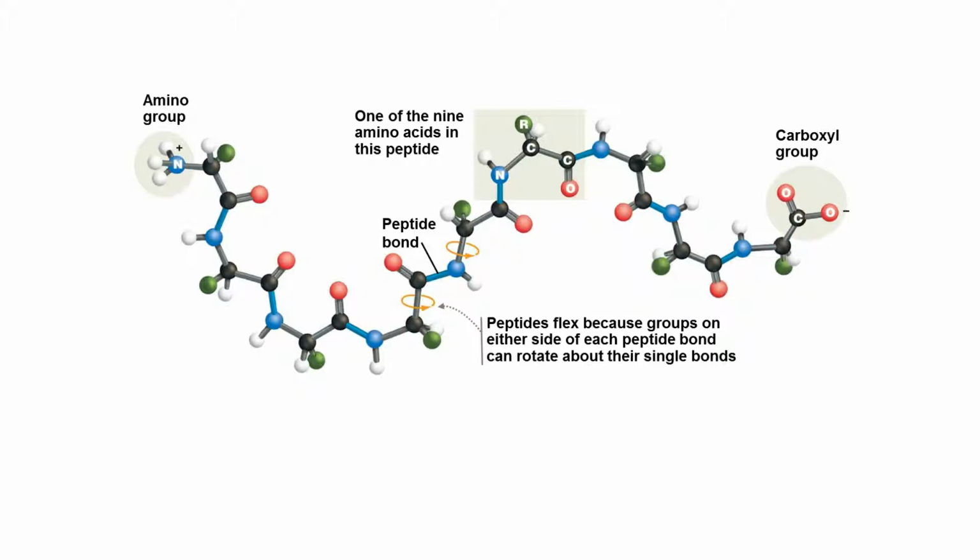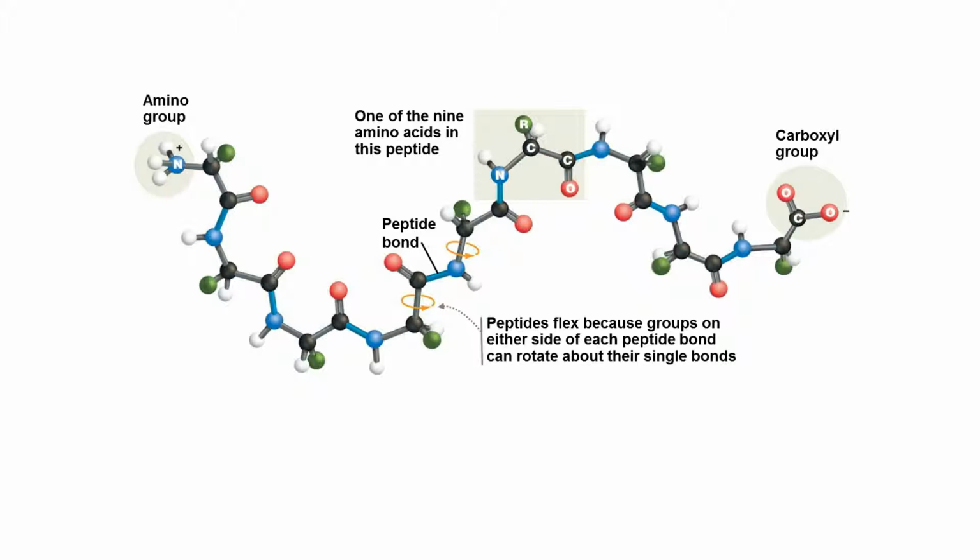So the protein itself can change and alter its overall configuration shape, which is going to be important a little bit later on, because we're going to talk about the different levels of protein structure. But right now understand that your peptide bond can bend and flex and rotate so that your overall amino acid can change its shape. Now it's going to change its shape to do one thing.